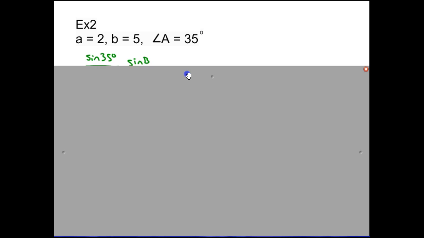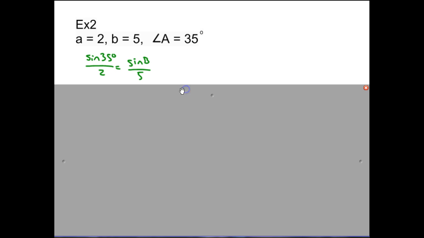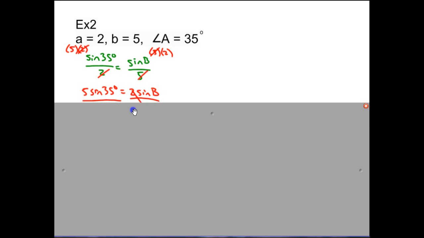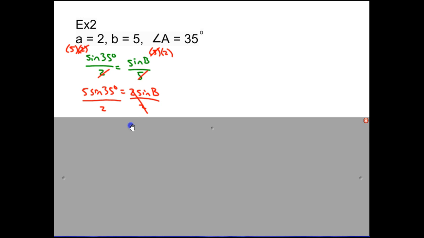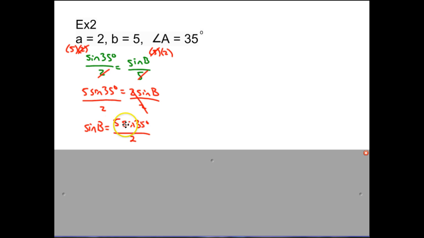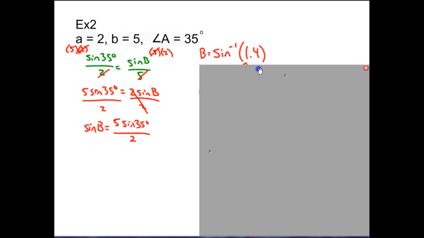Okay, so hopefully you set up sine 35 over 2 equals sine B over 5. We're going to multiply both sides by 5 and 2. And now we've got that sine of B is equal to 5 sine 35 degrees over 2. We want to use the inverse sine to solve for angle B. Go to our calculator, we do inverse sine of this number, but we get an error because we can't take the sine of a number that's bigger than 1.